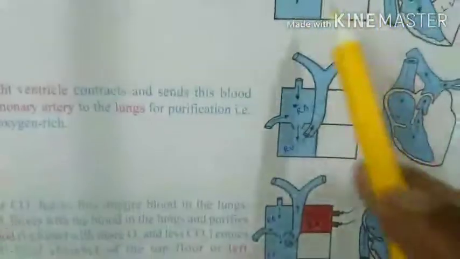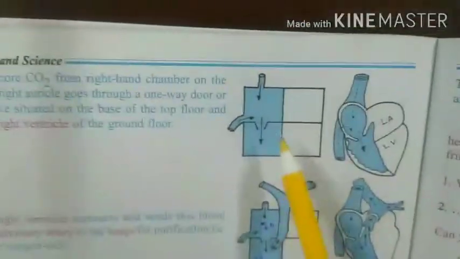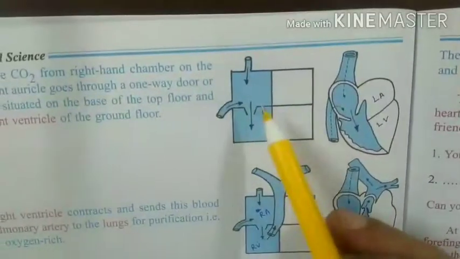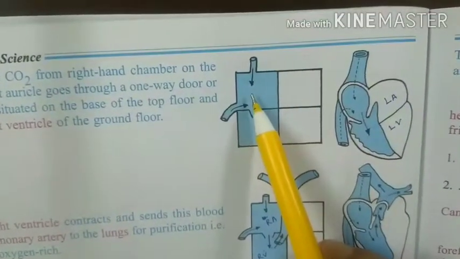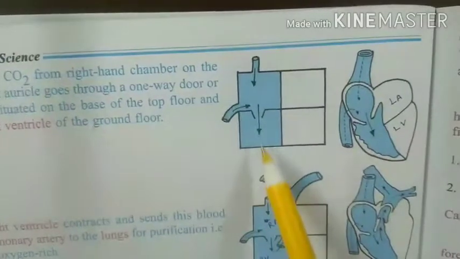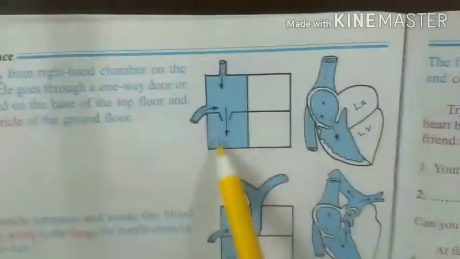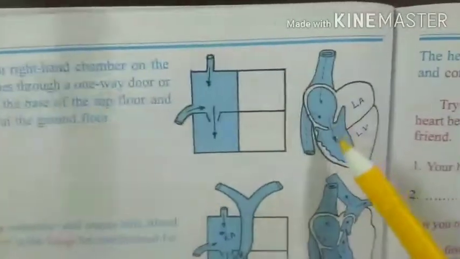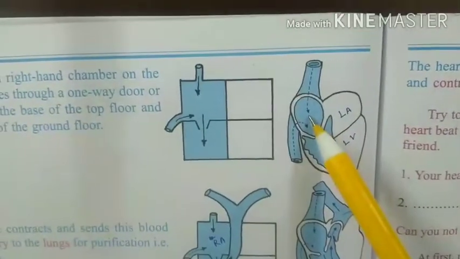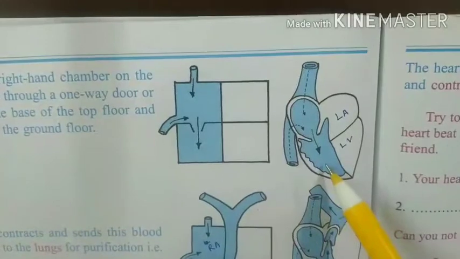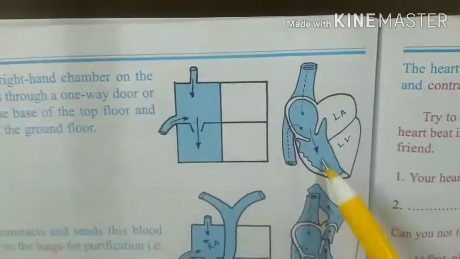Now come to this diagram. Here you see this part. This is the right auricle and this is the right ventricle.